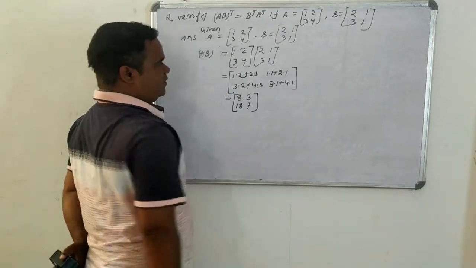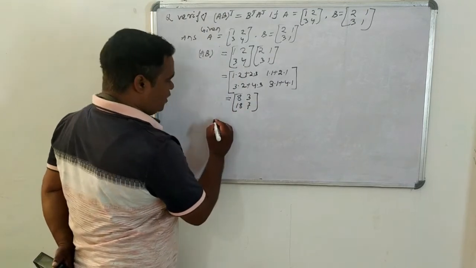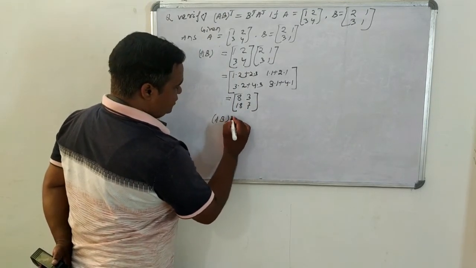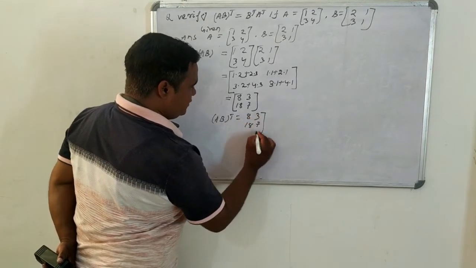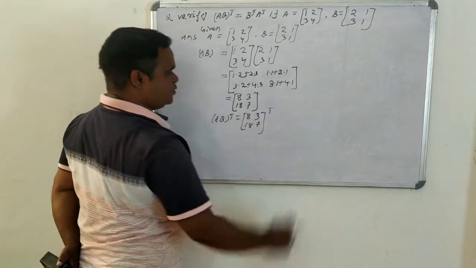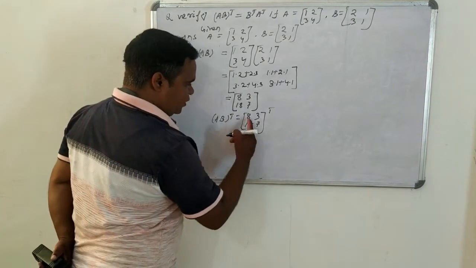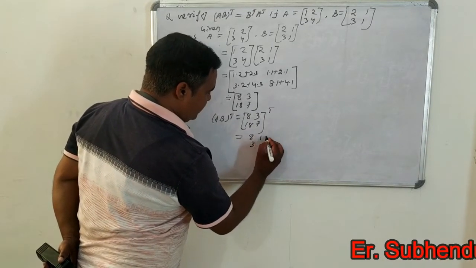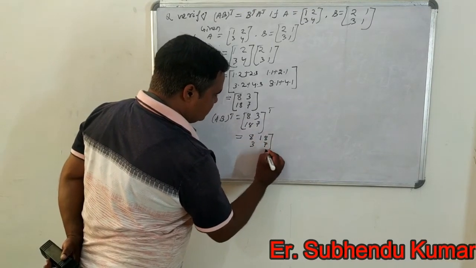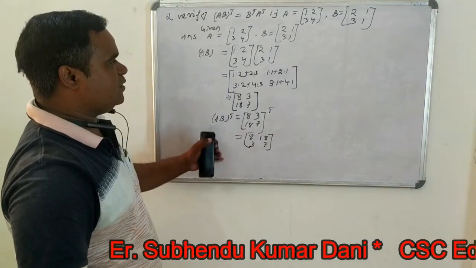So AB is the matrix 8, 3, 18, 7, and its transpose is obtained by changing rows into columns: the first row 8, 3 and the second row 18, 7 become columns. So the left hand side is complete.